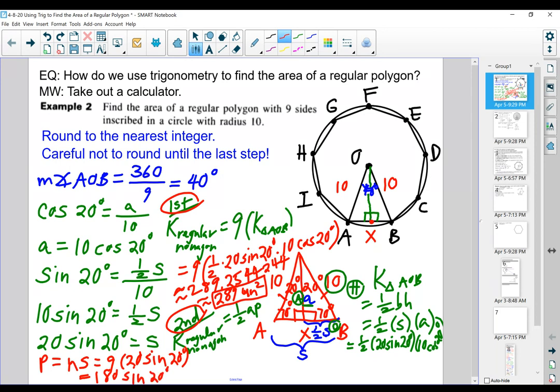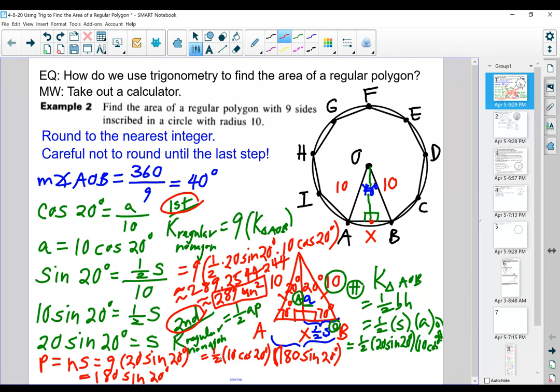So if you substituted into your expression for the area of the regular nonagon, it would equal half the apothem, which is 10 cosine 20 degrees, times the perimeter, the 180 sine of 20 degrees.